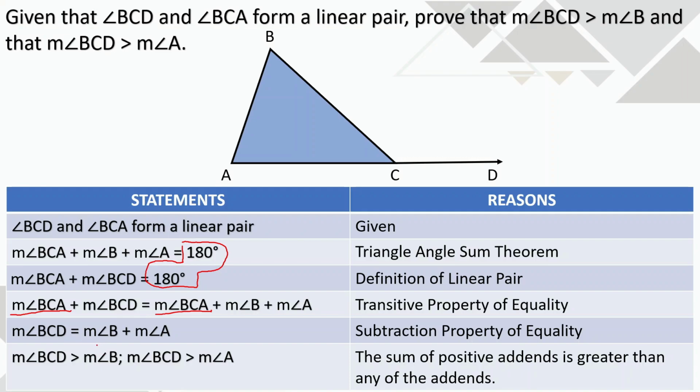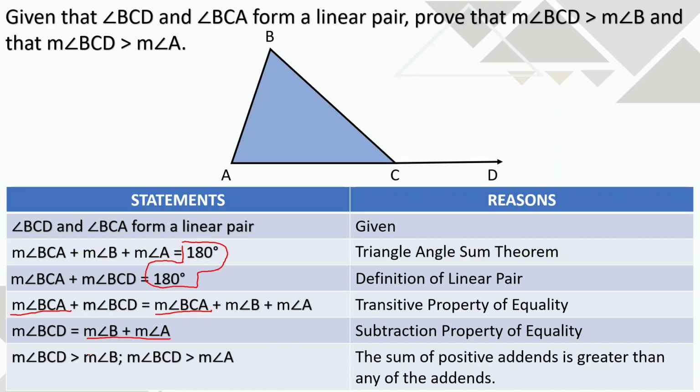And since we have to add them just to be equal to measure of angle BCD, and we know that all angles are measured positively when we're talking about angles in a triangle or when direction is omitted, then we can say that individually, the sum of positive addends is greater than any of the addends when we compare them.